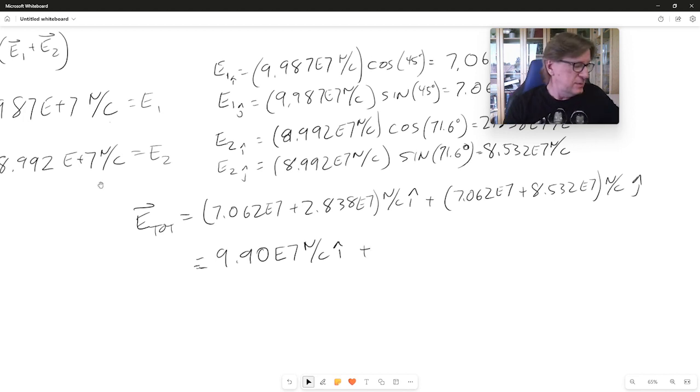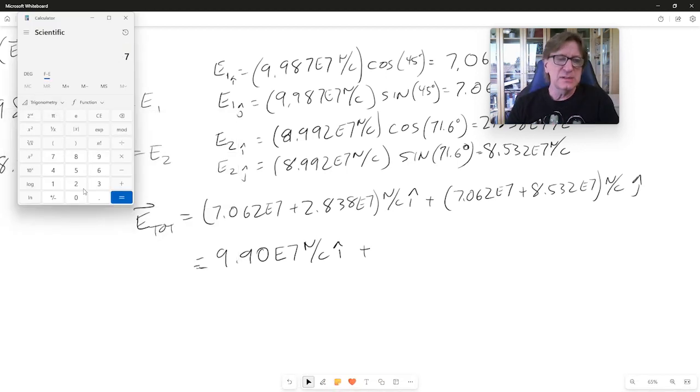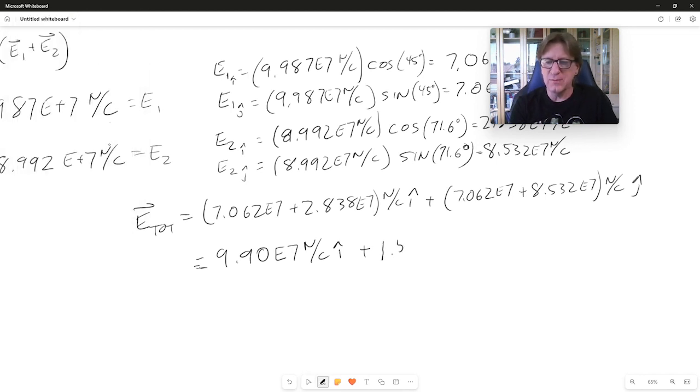Plus, now we need to do the same thing here. And we get 7.062 e to the 7 plus 8.532 e to the 7, and we get 1.559 e to the 8. So 1.559 e to the 8 newtons per coulomb J hat.